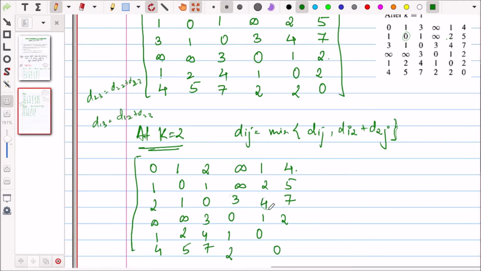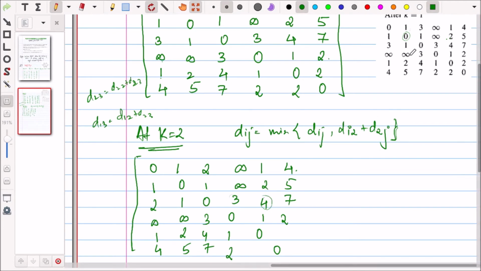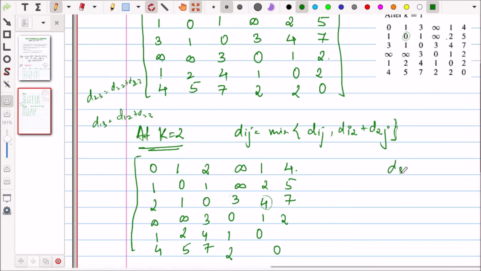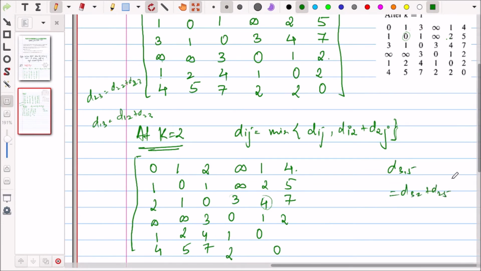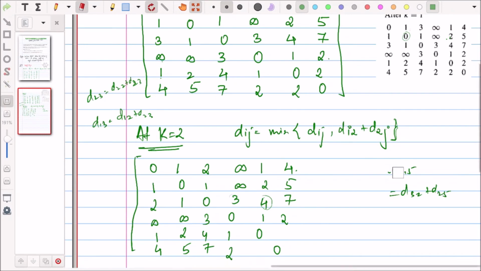Okay, okay, 4. यहाँ पे d35 में क्या ऐड कर रहे हैं? d35 में हम ये 1 ऐड कर रहे हैं ना. सर हम मिनिमम लेंगे ना d35 का एंड d32 प्लस d25 का. देखो d35 is your d32 plus d25, right? सर अच्छा मिनिमम सॉरी यहाँ पे 1 ऐड इसमें ऐड कर रहे हैं 1. सॉरी, आई मेड अ मिस्टेक. ठीक है ठीक है, यू आर राइट.